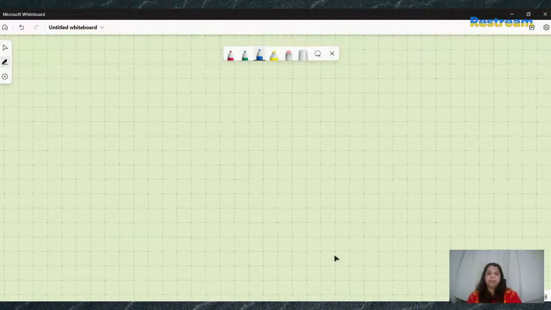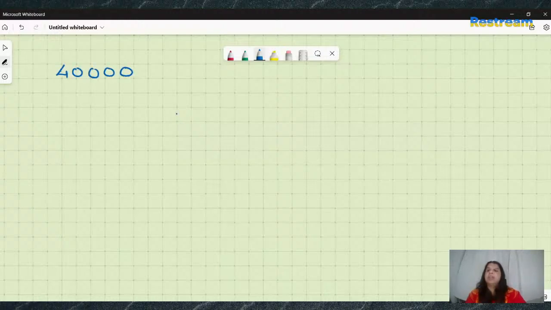Let's see, I am going to show you how a square number looks like. Okay. So I have a number which looks very easy, which is 40,000. Okay. Now this number is going to take a long time to divide. So I'm going to start with 2 and it becomes 20,000.